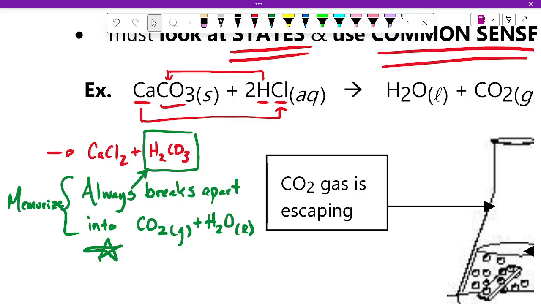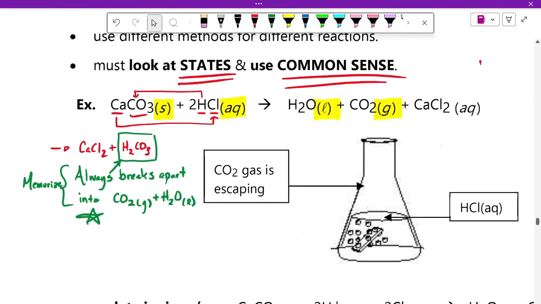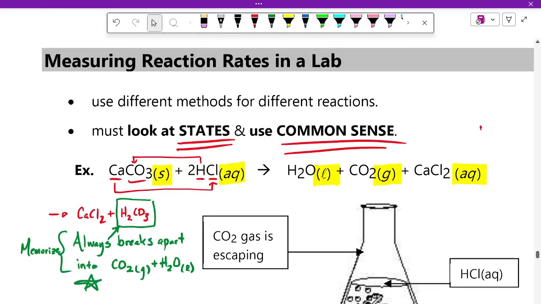So take a look at your states here. You've got a solid, you've got aqueous, you've got a liquid, you've got a gas, and you've got aqueous. And I would like you, without looking at the answers, to think of some ways that you could measure rate for that equation.